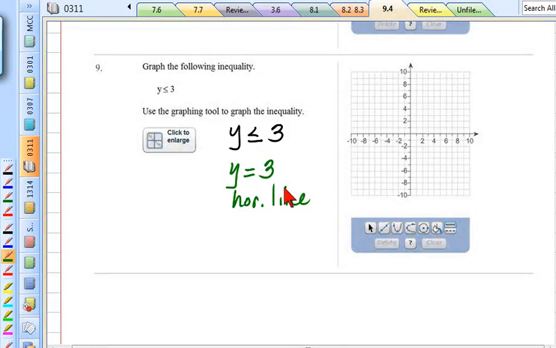Will I be drawing a dotted or a solid horizontal line? It will be solid. So I'm going to go to y equals 3 and draw that line.